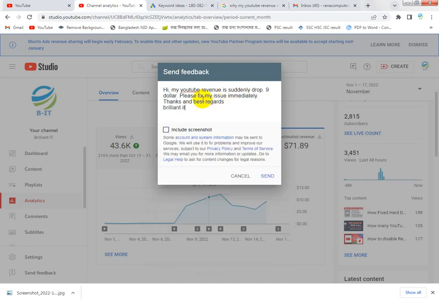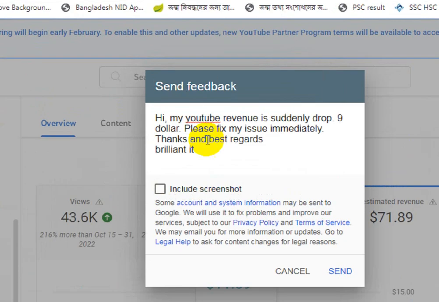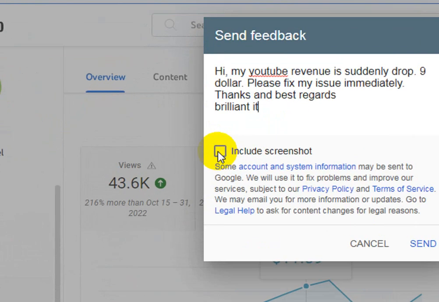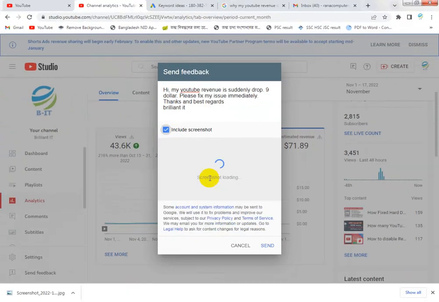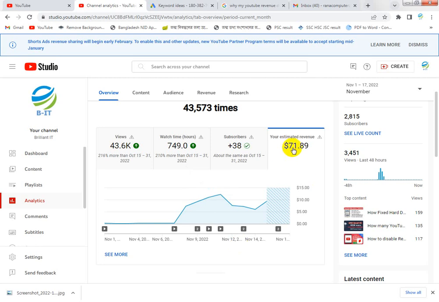So write it down like this. You can copy. Then include a screenshot. So it takes the screenshot. It takes a few seconds. Then submit it. Okay, I already submitted it and got my dollars back.